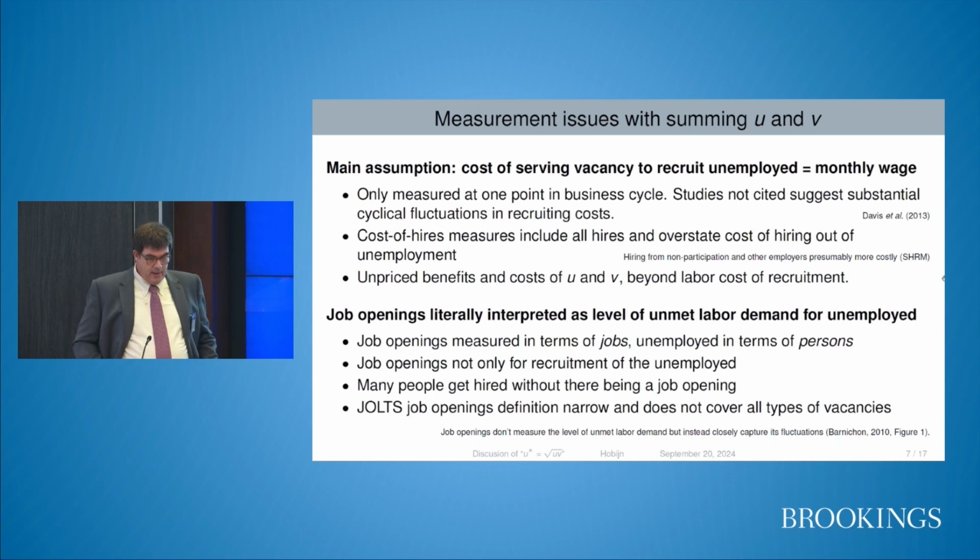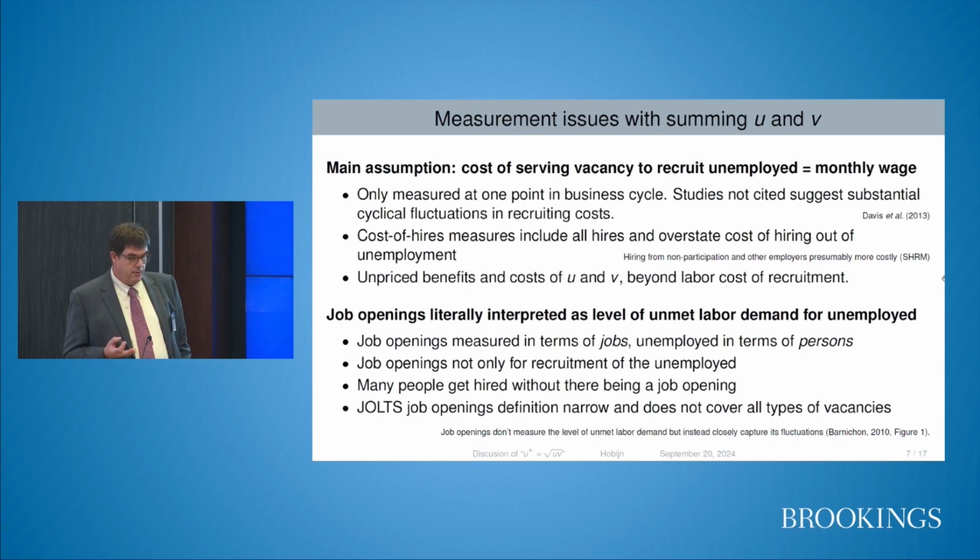There are many short tenure jobs for which if you spend $4,800 on hiring a person, that will be way bigger than the surplus of the job. So mixing those costs across different types of hires and aggregating them and then applying them to unemployment, I find a little hard to understand exactly what the cost of hiring out of unemployment is from that.